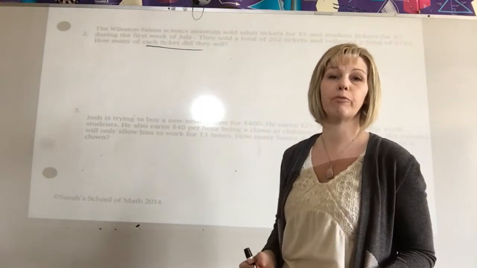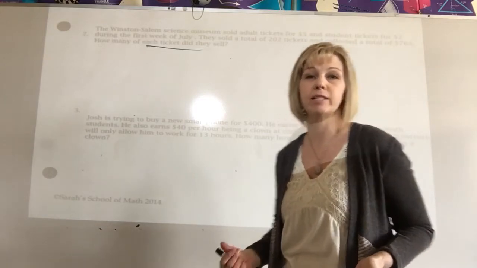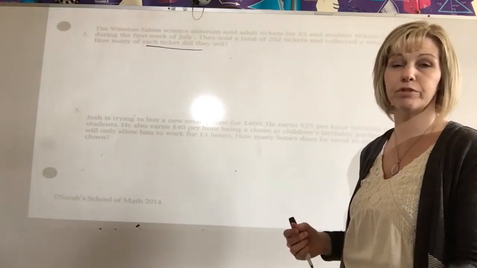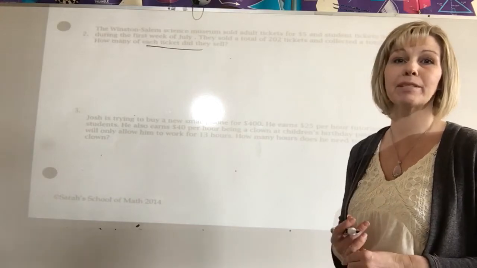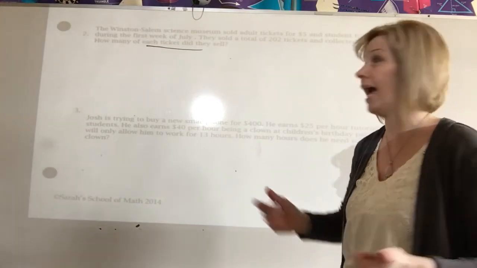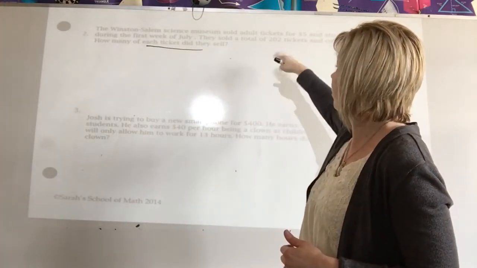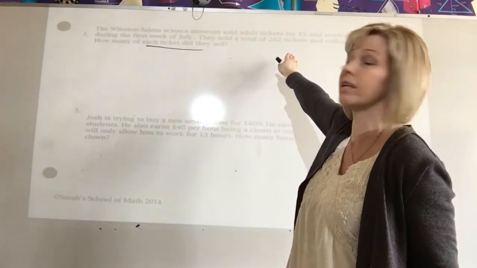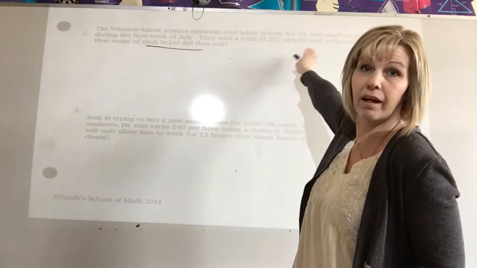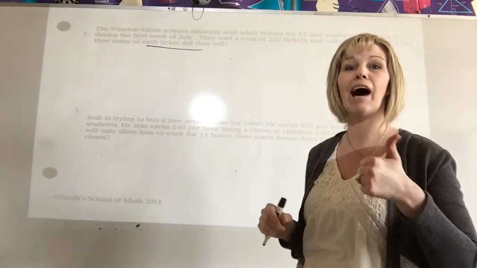Well, what two types of people went to the Science Museum? We have adults and we have students. Again, I like variables that make sense for the problem. Let's use A. And this time it's not the cost. The last time was the cost. We know that the cost is $5 and $2. It's how many.